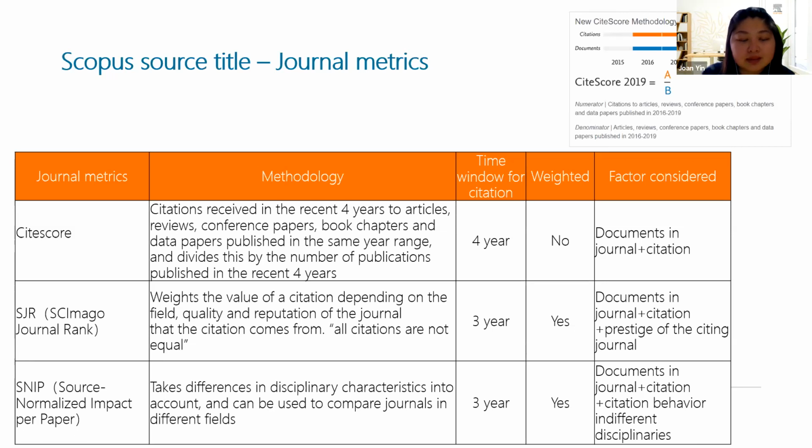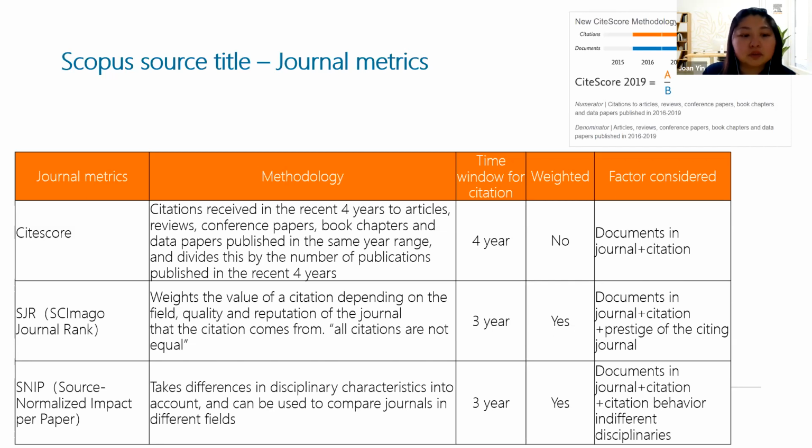And the second one is the SJR metric. It can show both the citation and the reputation of the citing journal. The methodology weighs the value of a citation depending on the field, quality, and reputation of a journal. And the last one is the SNIP metric.